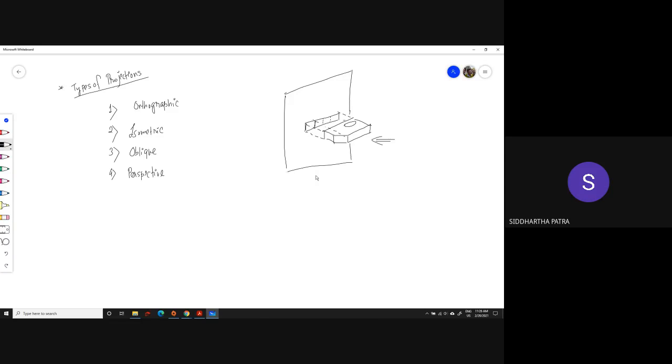And in this case, we can show, for example, this plane, we can think of this plane to be an XZ plane. And that's how we do orthographic projection.